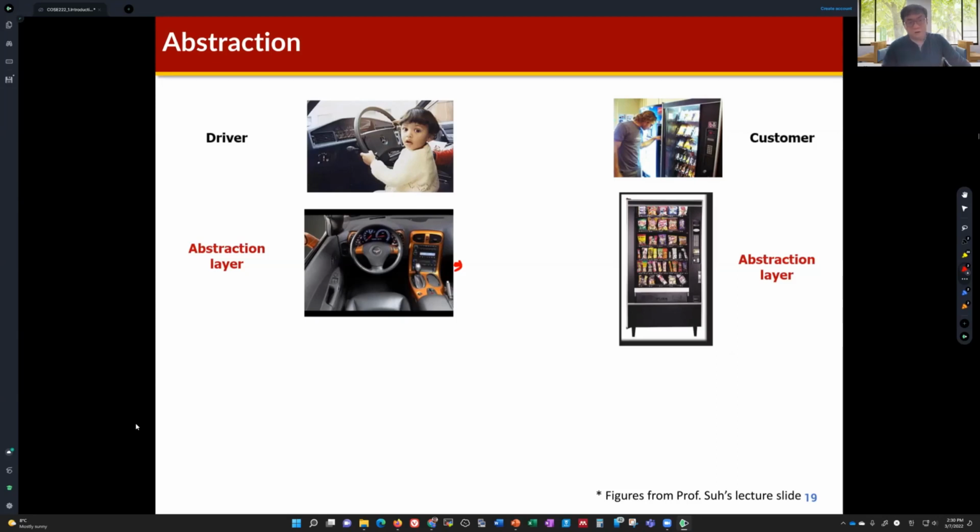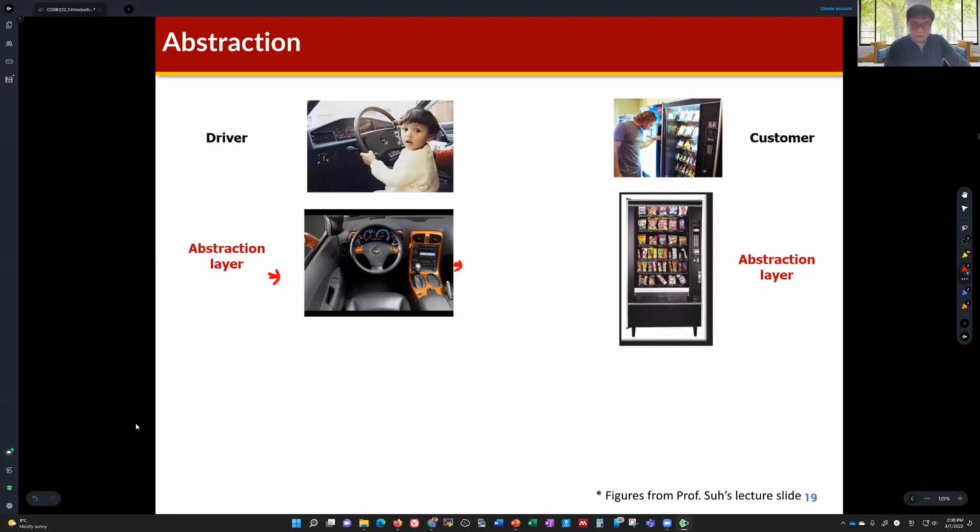But to use a car, we just need to know how to use the handle and the brake. That is the basic knowledge required for driving, so this is the abstraction layer.